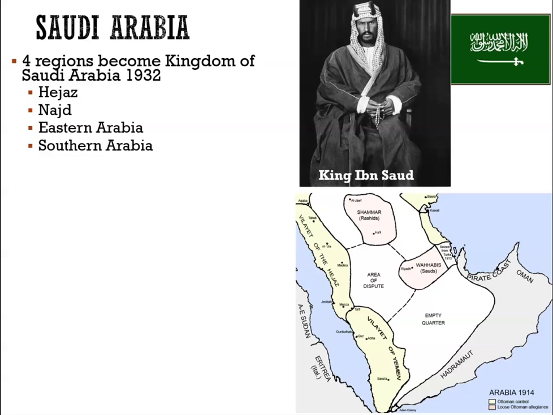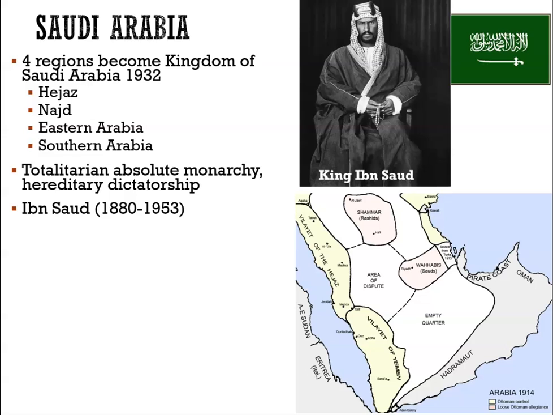There are 4 regions in Saudi Arabia. The Hejaz, you see it here. This is the Hejaz because this has Medina and Mecca. These are the important areas for the journey, the trip to Mecca, the Hajj. And you have East Arabia, you have South Arabia, and you have Najd, which is mostly the center area.